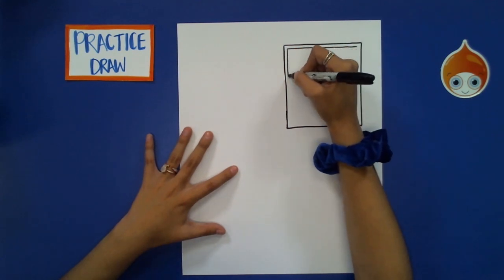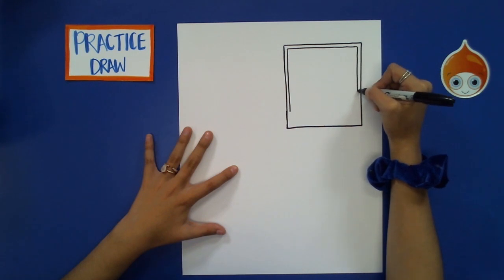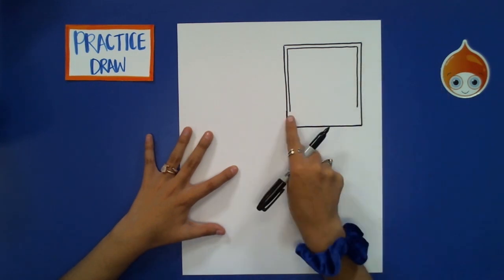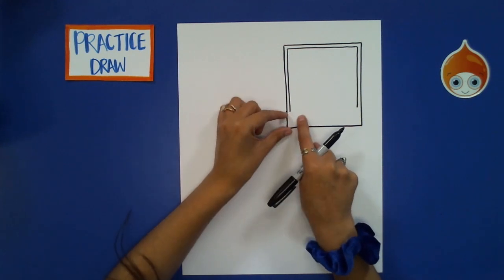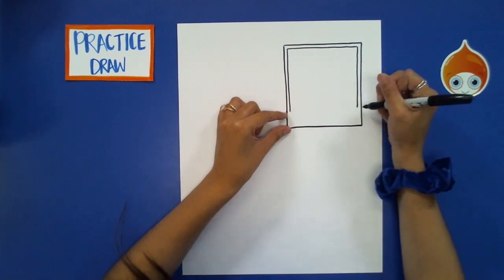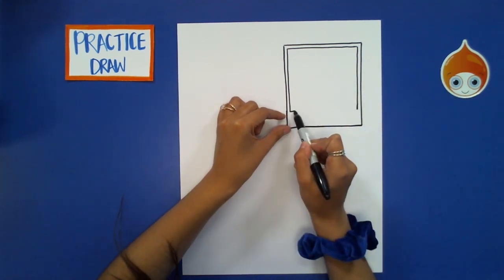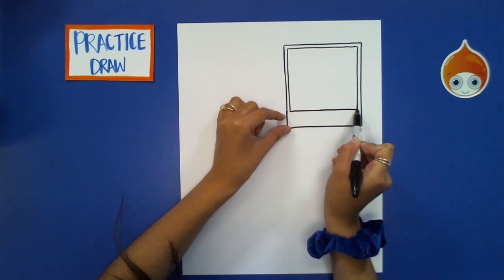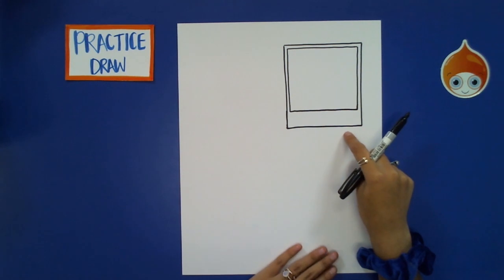Then we're going to draw the sides, again following along the outside shape but not touching it. And then we're going to stop about half toward the bottom, but not going all the way, and again making that a nice thick area at the bottom. So I'm going to make this side a little bit longer so it matches up. And then to finish off, you're going to draw a line that comes across to complete. So it looks like a Polaroid.